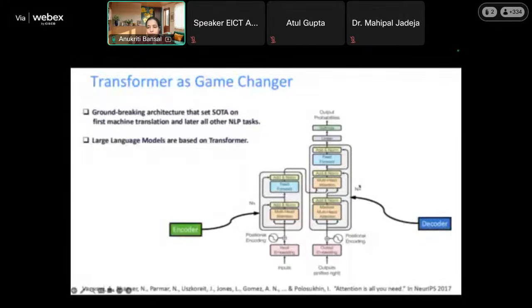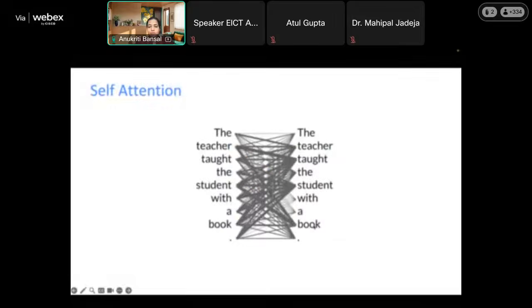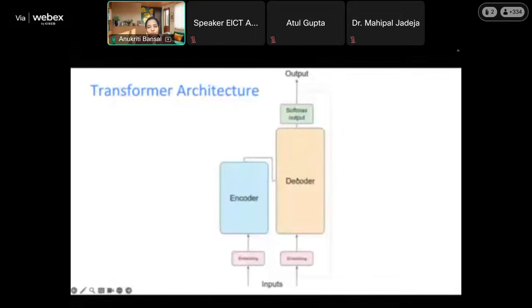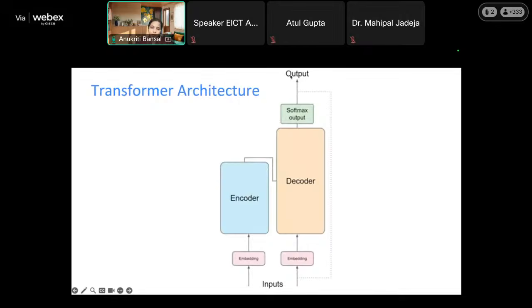I can simplify it like this. They have two things: the encoder, which takes input, and whatever is the output of the encoder is passed to the decoder. The decoder also takes some input and provides us the output. Let's understand this architecture in a little bit more detail.